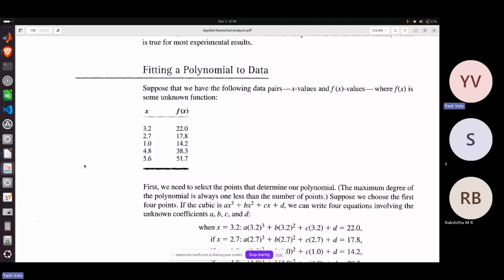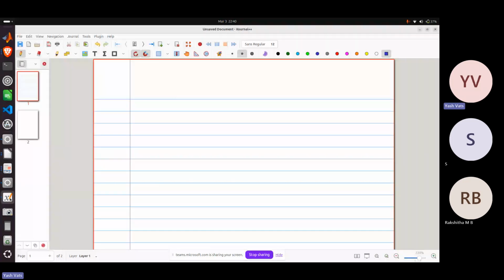So today's topic we are going to discuss is the approximation of functions, like how you fit a function. So I just show here. Approximation of function, right?